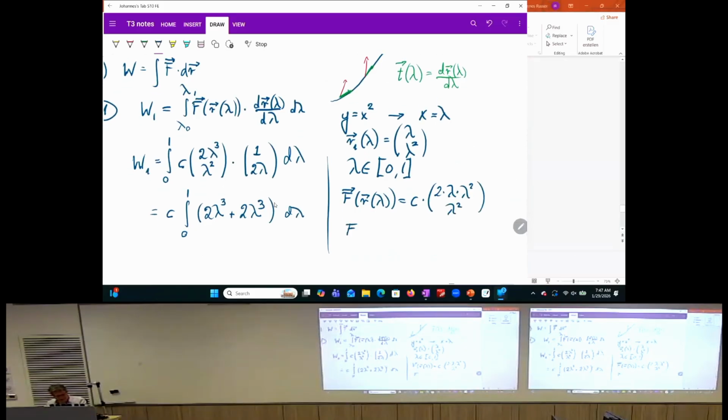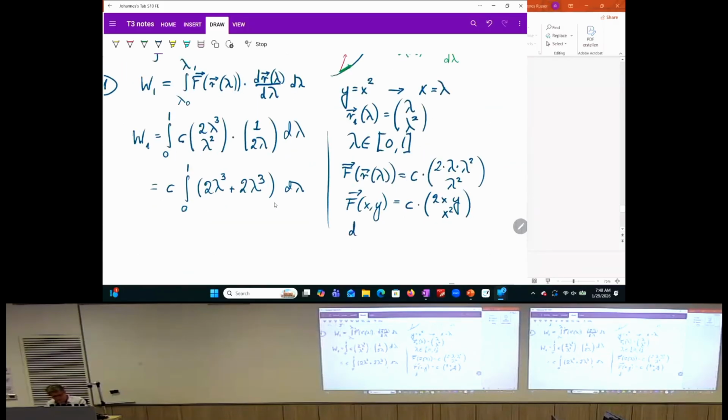Just compare it with the original version, that was c times 2xy and x squared. And here the derivative of r of lambda, the parameterized curve. This will give you the tangent element, and this is 1, and here 2 lambda.